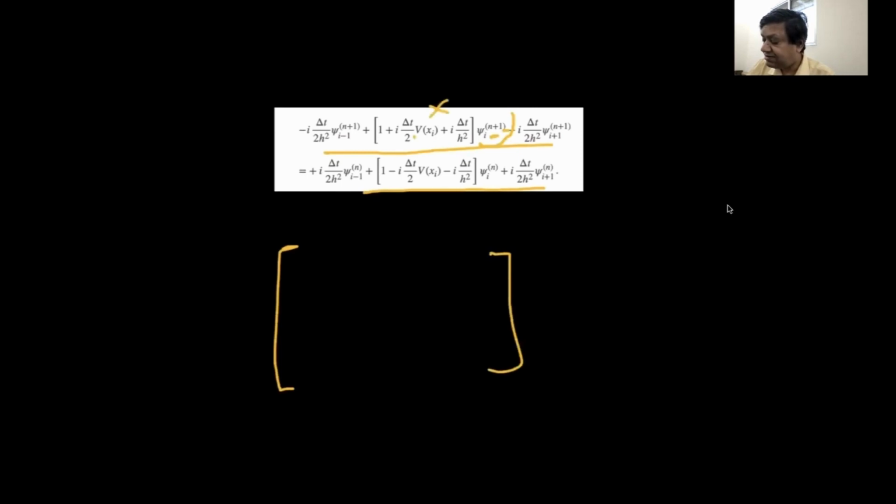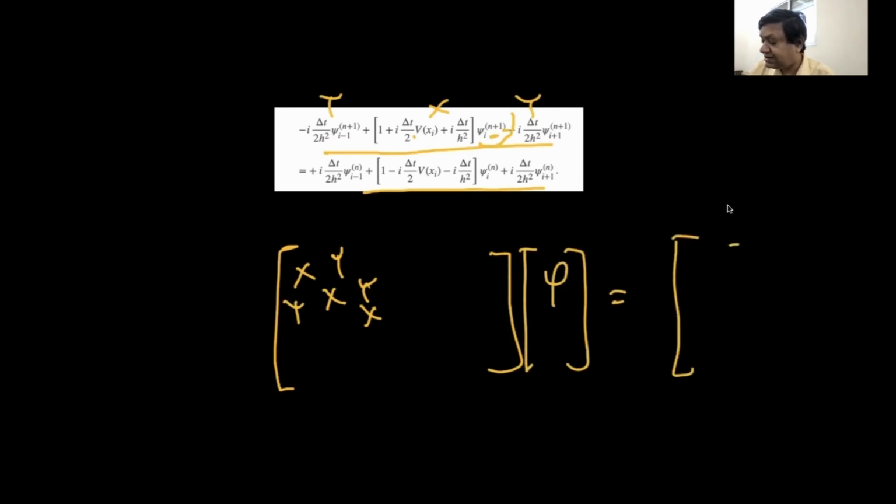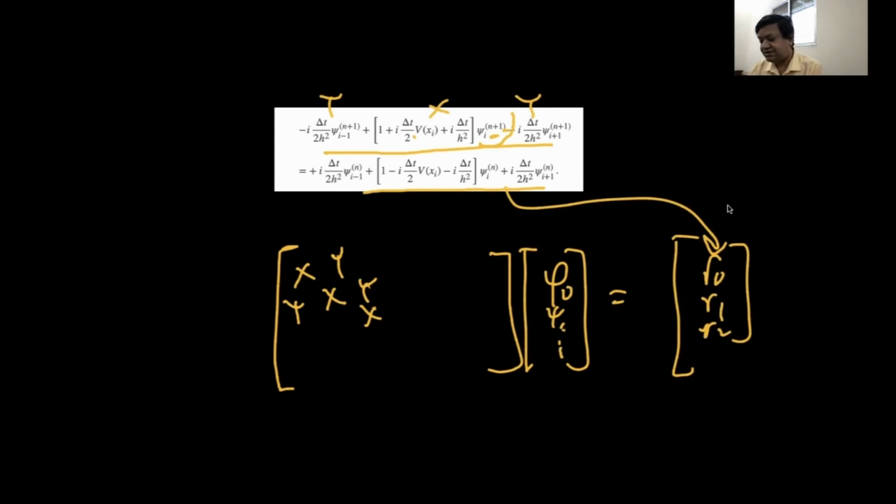So you get x, x, x, y, y, y, and psi equal to the right hand side, R0, R1, R2, with psi 0, psi 1. Okay, so we get a tridiagonal matrix. So the split operator method will require the solution of the tridiagonal matrix, which we have not done, but this is the scheme I'm giving.